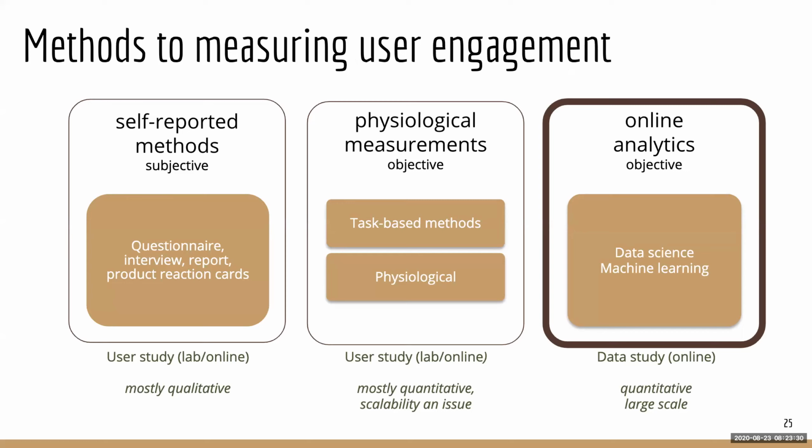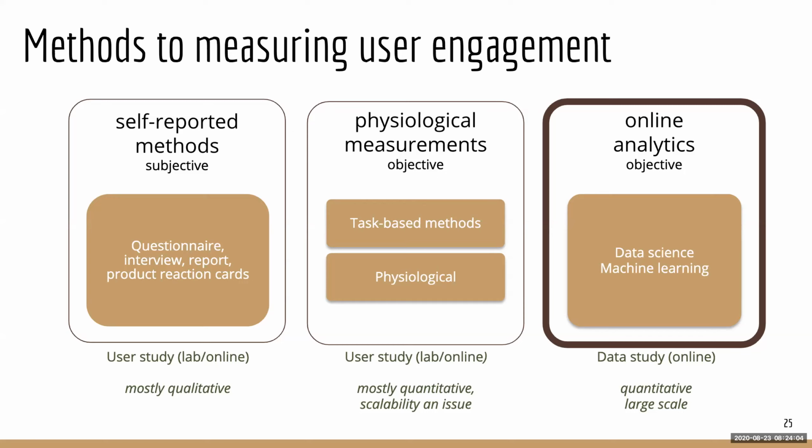Then there are task-based and physiological measurements, where we try to measure things not by what the user is saying, but what they're doing. For example, with a task-based method we give a user a task, see how that user performs, and have a questionnaire associated with that task, and from this we can derive some understanding of engagement.